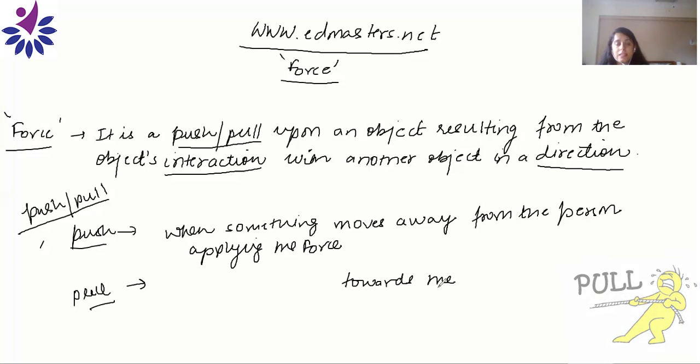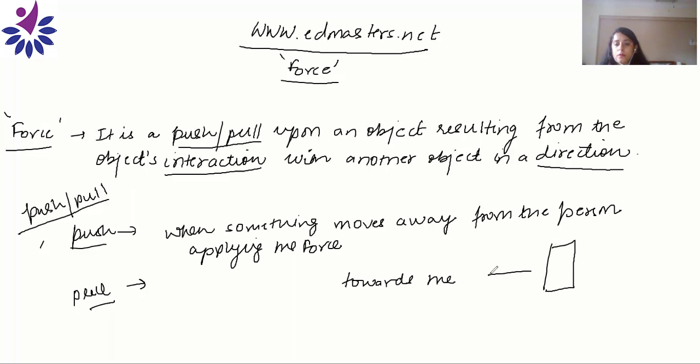So let us take an example, like when I say I have to push the door. So here is the door and I'm pushing the door. Where will the door go? It will move outwards. That is, it is moving away from me. So we say it is push. And when this door is coming towards me, I say it is pull.